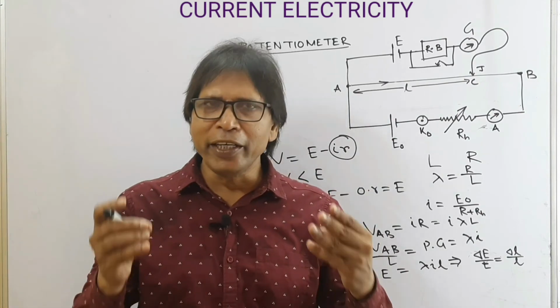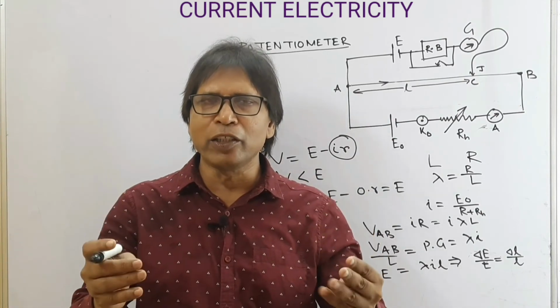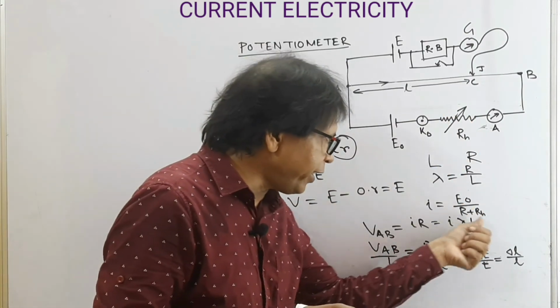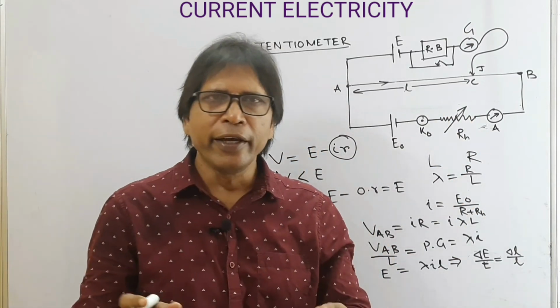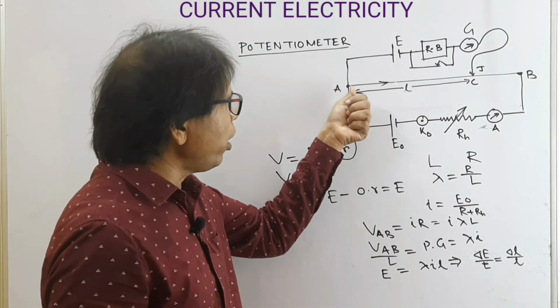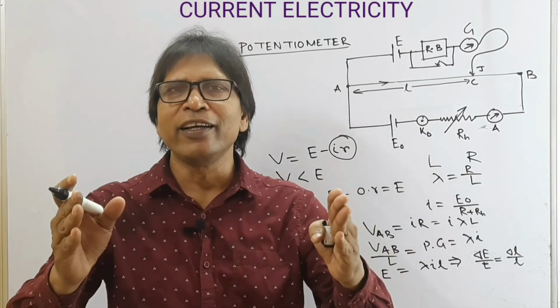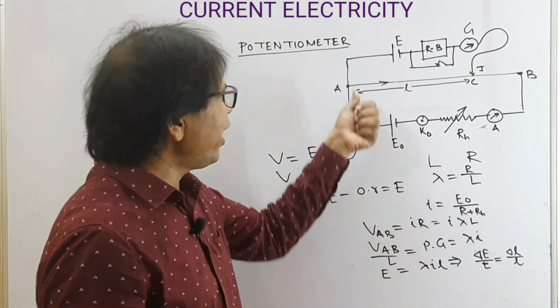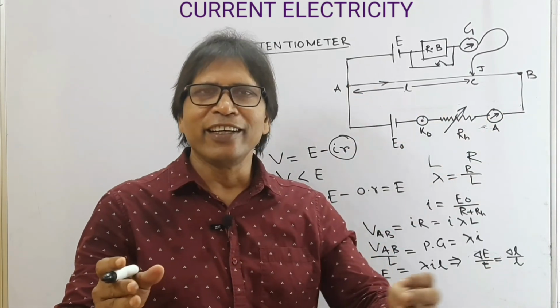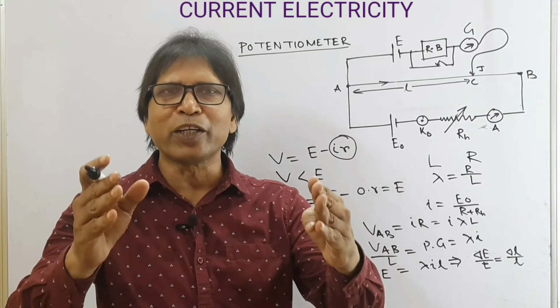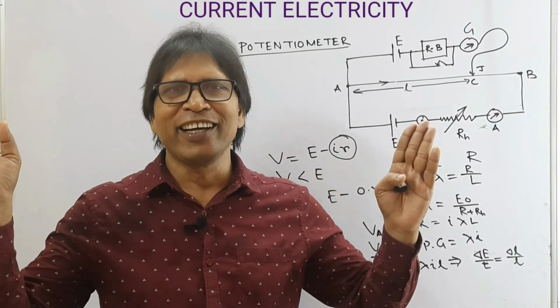Now to measure a very small potential difference with the potentiometer, the variable resistance is increased in such a way that the current through the potentiometer is very small. In this case, L becomes large and a potential in the order of 1 microvolt can be measured.